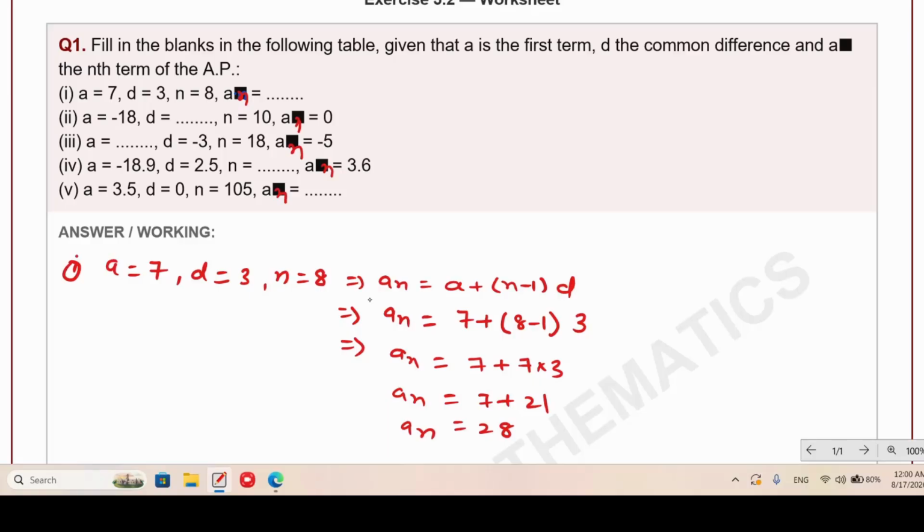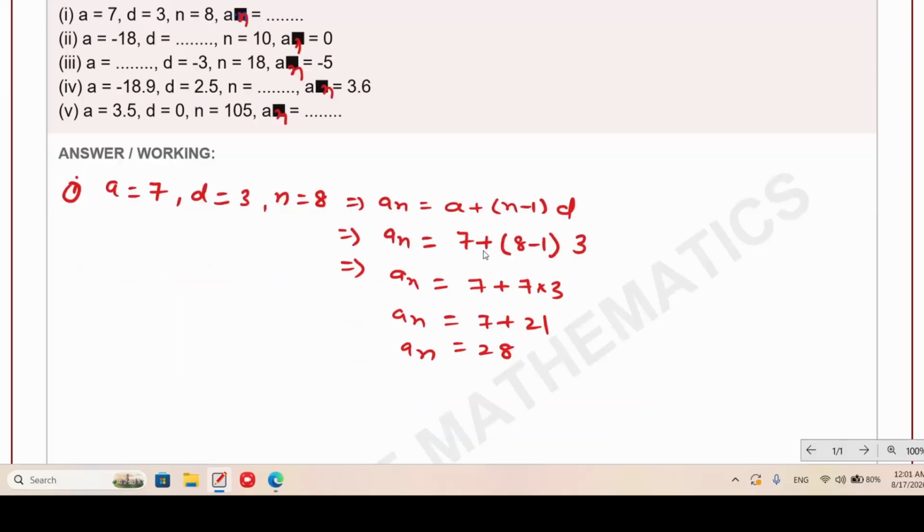Now, in the same way, we'll find question 2. In the second, what is given? A is given, which is minus 18, and D is the question mark. Then N is equal to 10 and An is equal to 0.